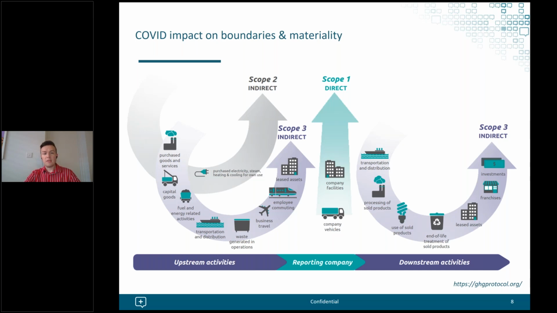Companies may have historically focused on scope 1 and 2 emissions, and so other categories like capital goods or waste generated in operations or leased assets may be areas of data collection and impacts that haven't been explored historically.